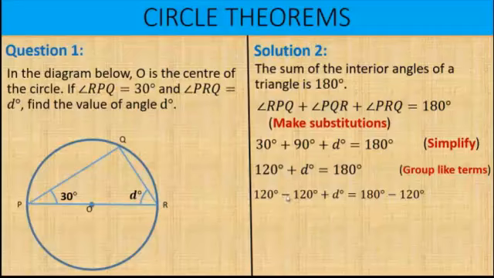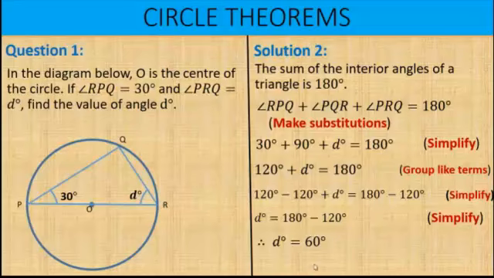And 120 degrees subtracted from 120 degrees would give us 0, making only d degrees stand at the left hand side of the equation when simplified, so that we get 180 degrees minus 120 degrees at the right hand side. And when that is also simplified, we get d degrees is equal to 60 degrees, and that is the same as the answer we had in our first solution.